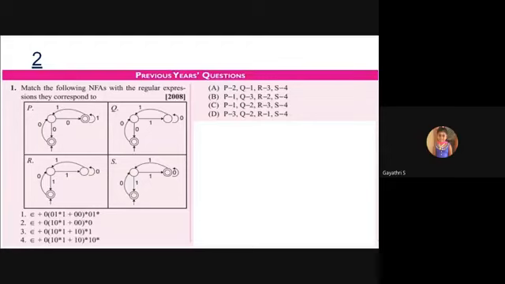Actually, there is a predefined algorithm. What's the algorithm to convert finite automata to regular expression? For DFA, deterministic finite automata, to regular expression, we have Arden's method, right? And for any other automata to regular expression, it is the state elimination method.